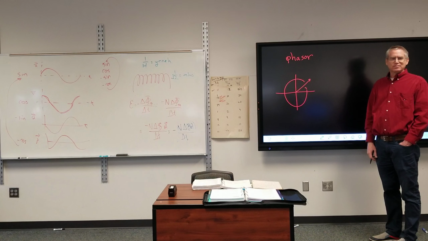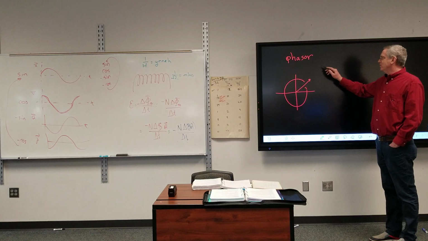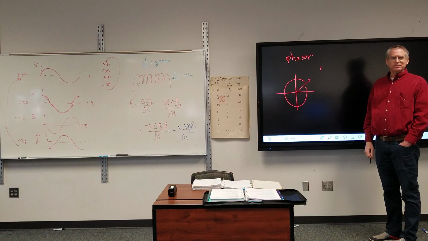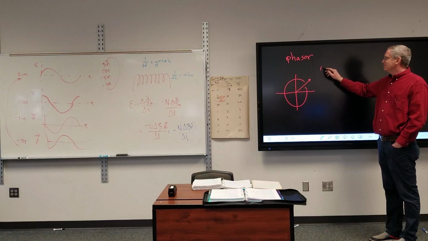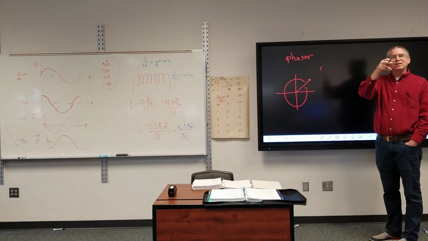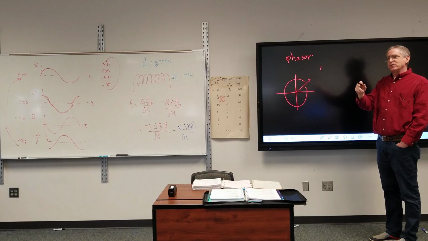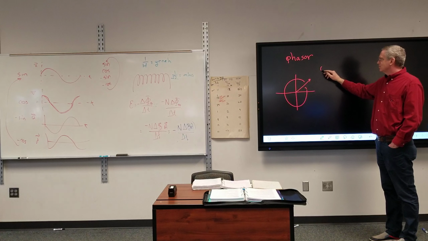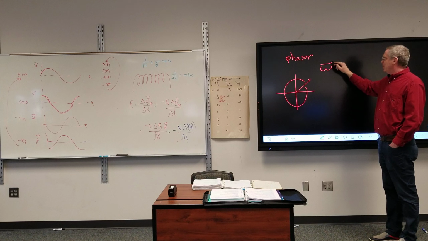Angular velocity. All right, angular velocity. The symbol for angular velocity? It's the weird looking W, I don't remember which one it was. Is that omega? A lowercase omega? It is indeed. So angular velocity.